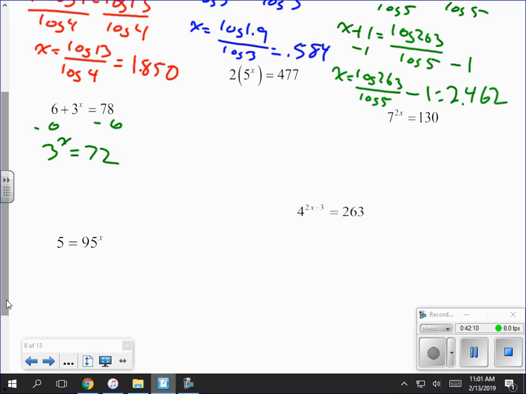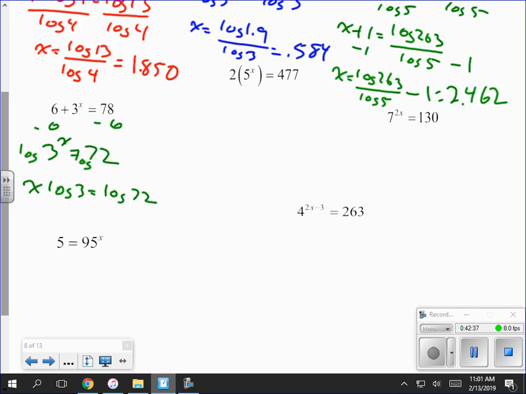Now you take the log of both sides. So I take the log of both sides, and I bring the power down up front. I get x log 3 equals the log of 72. You have to have the exponential part by itself. Something to the x power or something to a power equals a number, or it doesn't work.